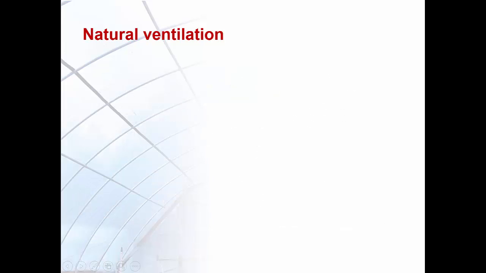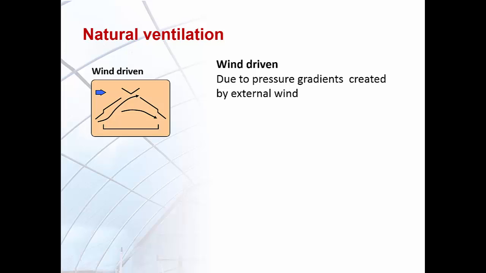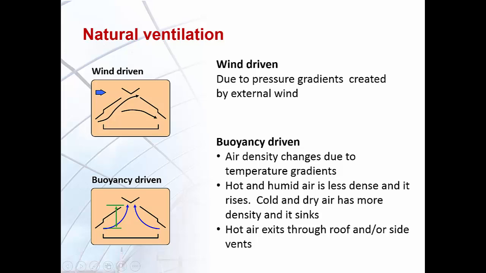There are two types of natural ventilation occurring in the greenhouse system. The first is wind-driven, or wind effect, because of pressure gradients created by the external wind, or buoyancy-driven ventilation, sometimes called chimney effect. Under buoyancy-driven conditions, the air density changes due to temperature gradients.